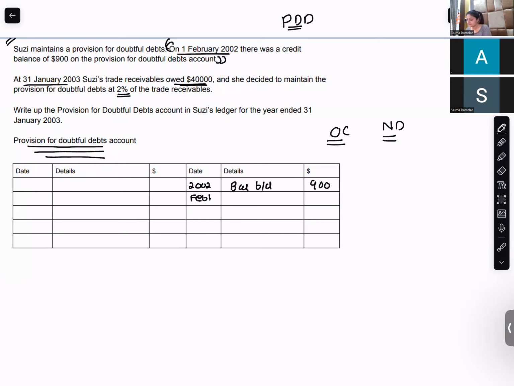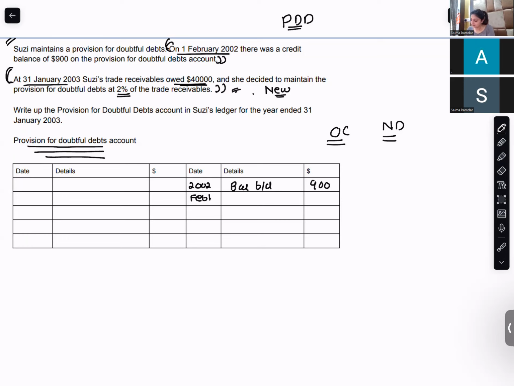Then, at 31st January 2003, Susie's trade receivables owed $40,000 and she decided to maintain the PDD at 2% of the trade receivables. So is this the opening or closing? This is old or new? This is the new provision. New provisions will come on the debit side.